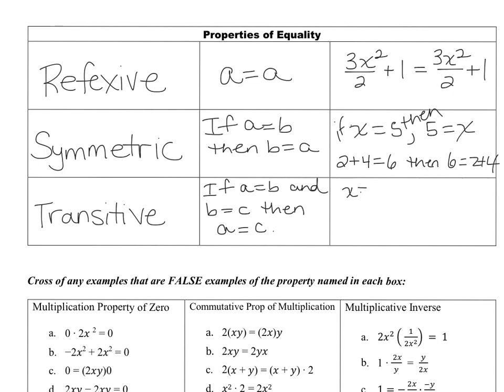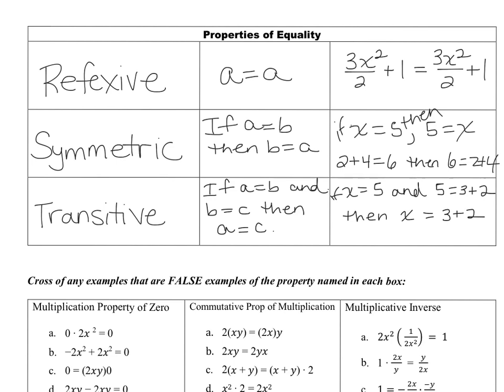If x equals 5, the word if there, and 5 equals 3 plus 2, then x must equal 3 plus 2.